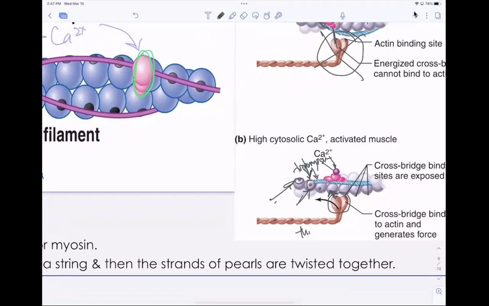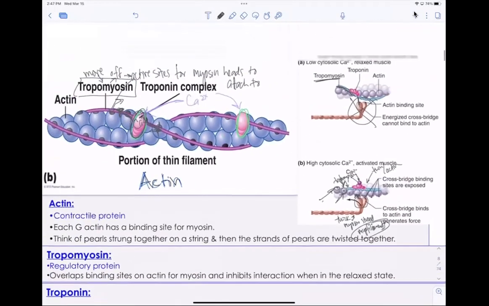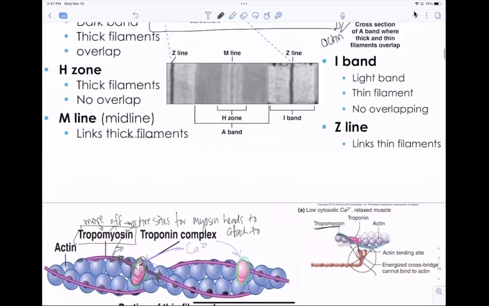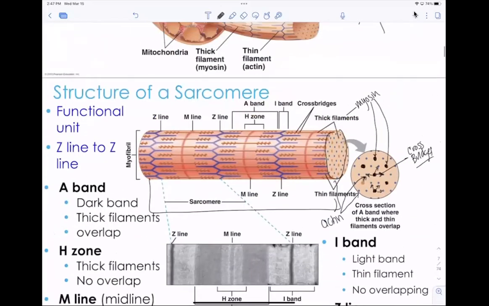Okay, so myosin, this is the thick filament. And these are called myofilaments. And this is the thin filament, or actin, also a myofilament. So a couple of things when we're looking at a sarcomere. We're looking at actin, thin filament, myosin, thick filament.